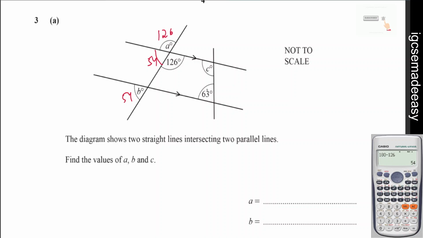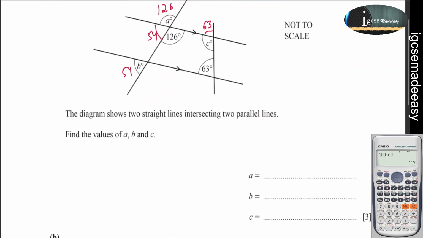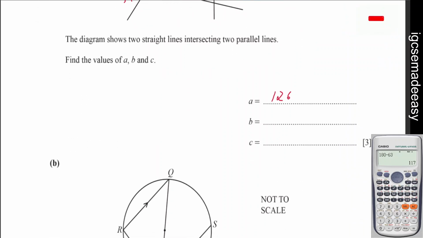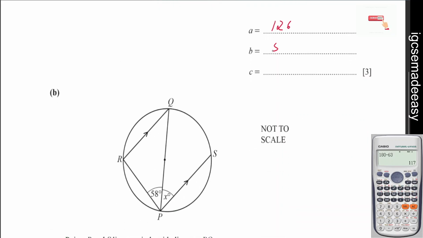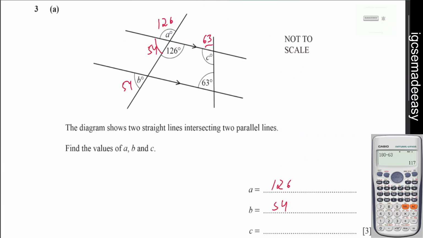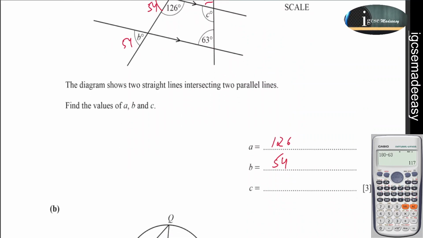And if this is 63, corresponding angle, this will be 63. Then angle C will be equal to 180 minus 63. So A is 126, B is 54, and C is 63.